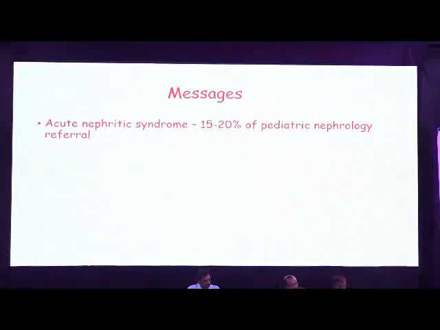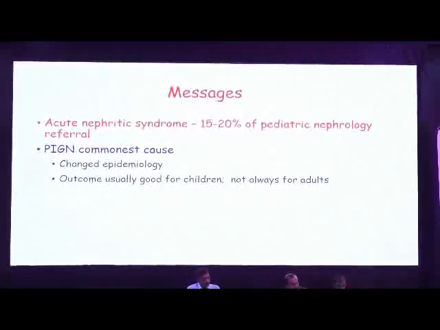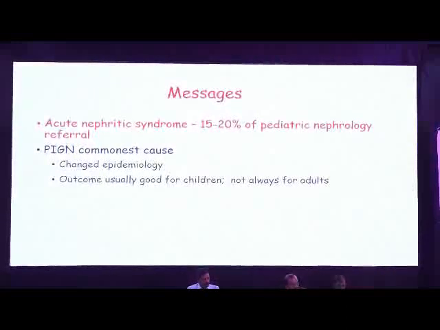To summarize, nephritic syndrome is a common cause, and it is very commonly one of our referrals. Post-infectious appears to be the most common cause, but things have changed, there's a change in epidemiology. Now developed countries see a different kind of post-infectious.